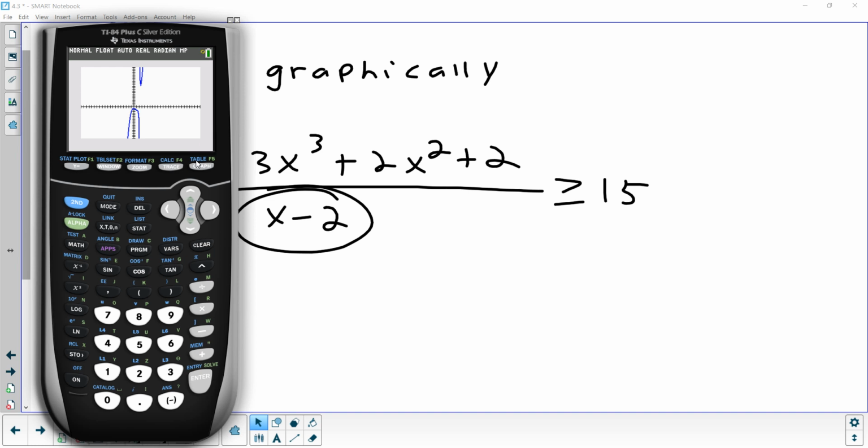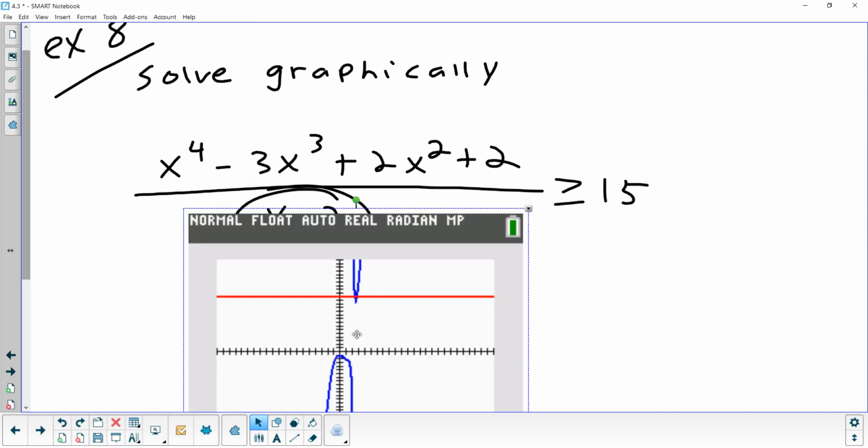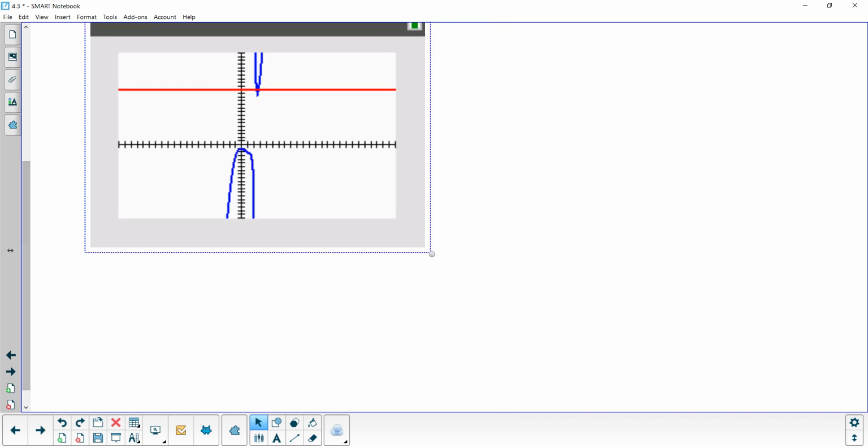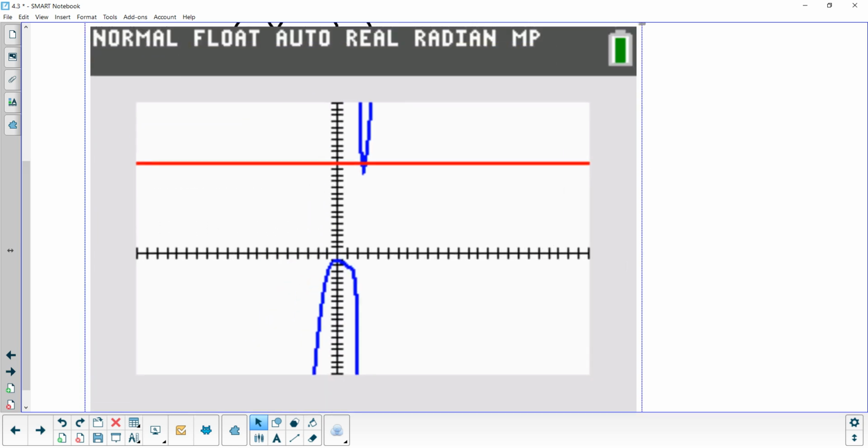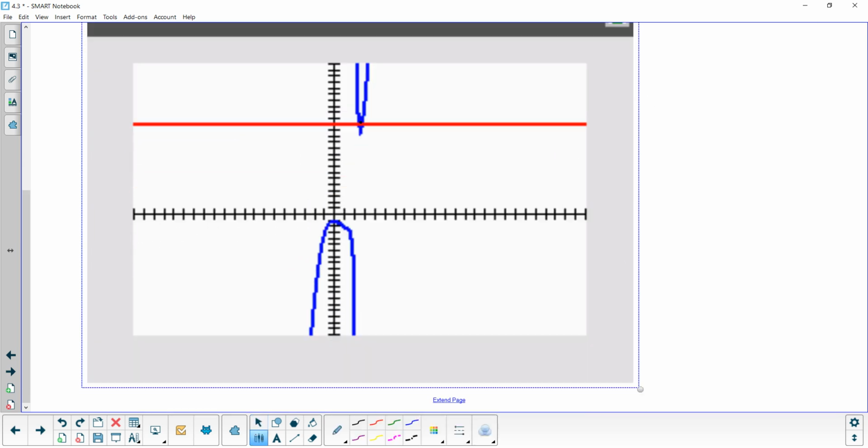All right, so it looks like this graph is in 2 pieces. And I'm looking for where it's above 15. All right, looks like that's going to happen in 2 spots. It's going to happen in that spot, and then it's going to happen again in that spot.